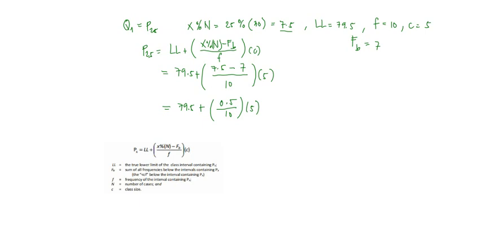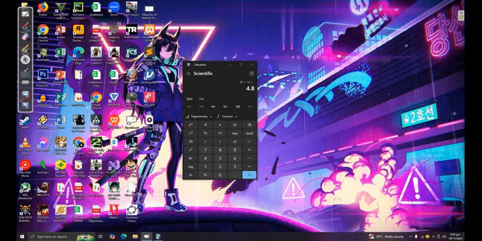So, yon. We just have to calculate the value for this. So, it's going to be 79.5 plus 0.5 divided by 10 times 5.